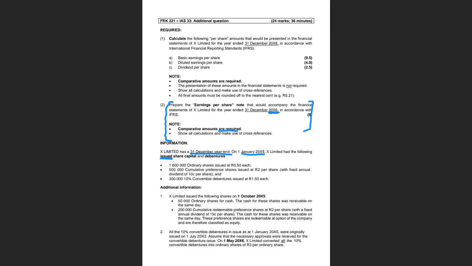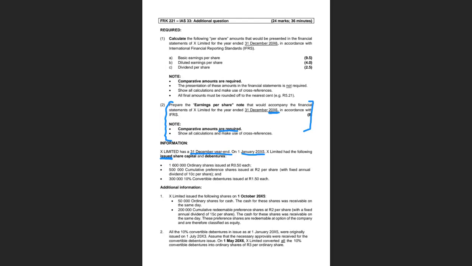So that's the first one. It says there are 500,000 cumulative preference shares issued at 2 rand a share, with a fixed annual dividend of 10 cents per share.